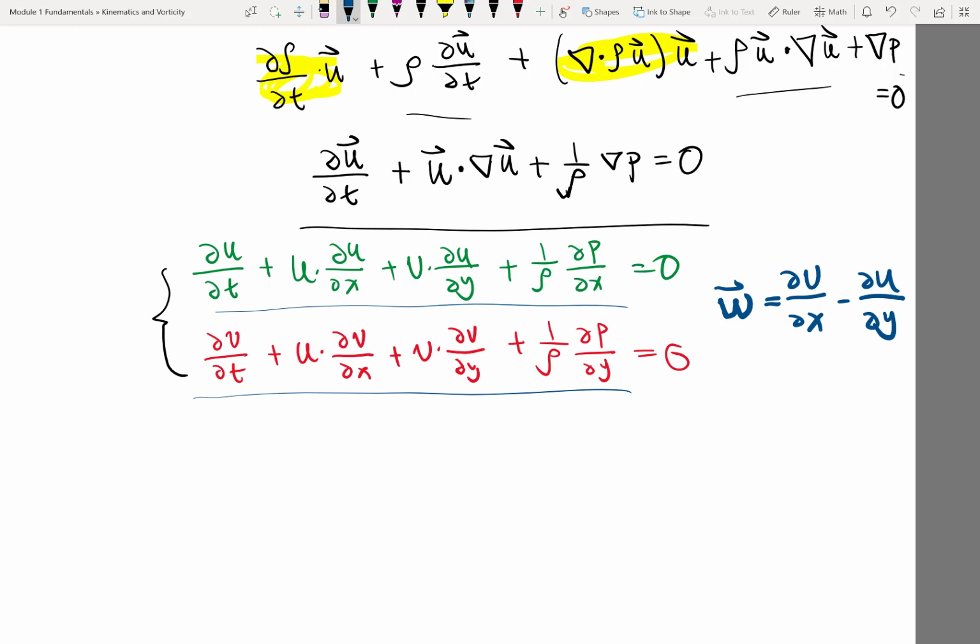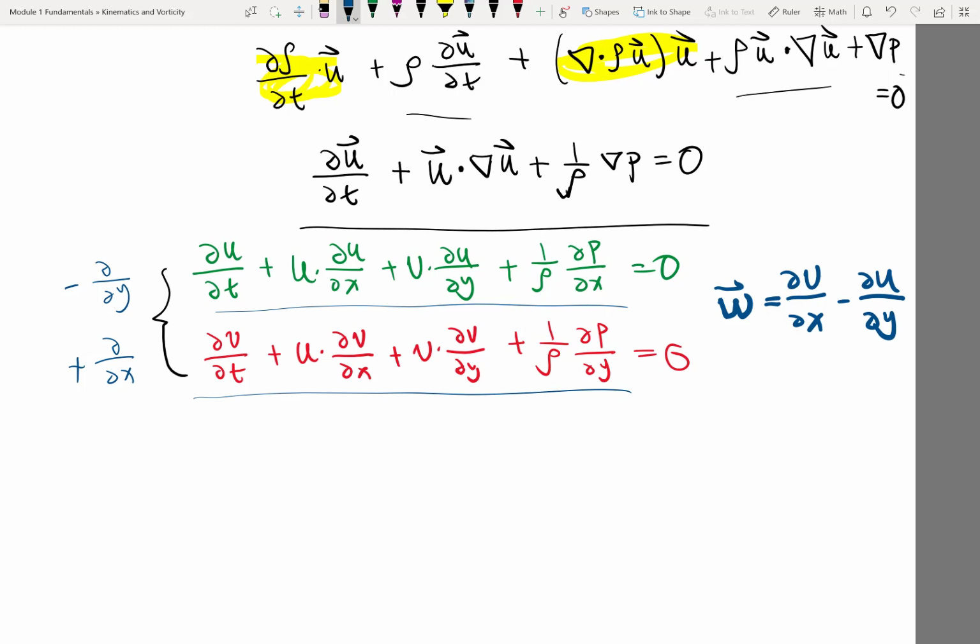You're going to see that in multivariable calculus, the partial derivatives exchange with each other. They commute, so d dx of dv dt is going to be equal to d dt of dv dx.